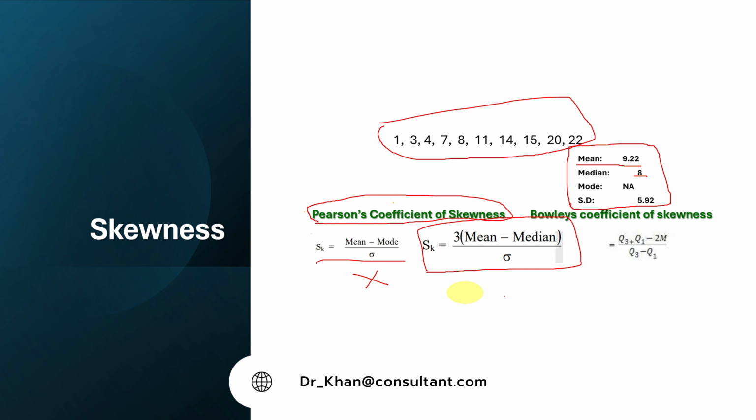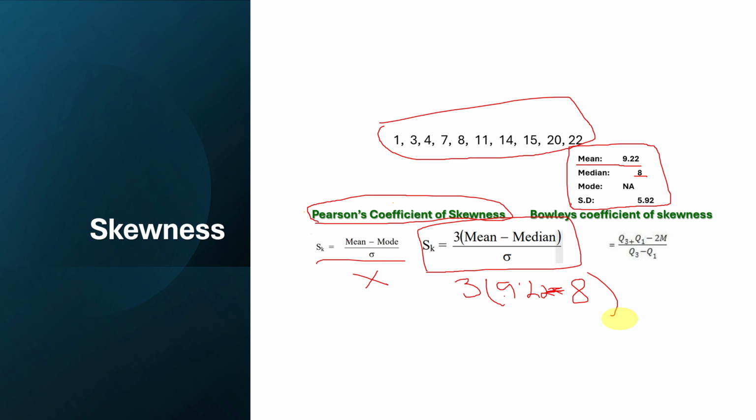But you can use this formula. In this formula, 3 times the mean, which is 9.22, minus the median, which is 8, and then divided by 5.92. The mouse is not great to write this, but I hope you will understand what I mean. So this is how you will calculate the Pearson coefficient of skewness.